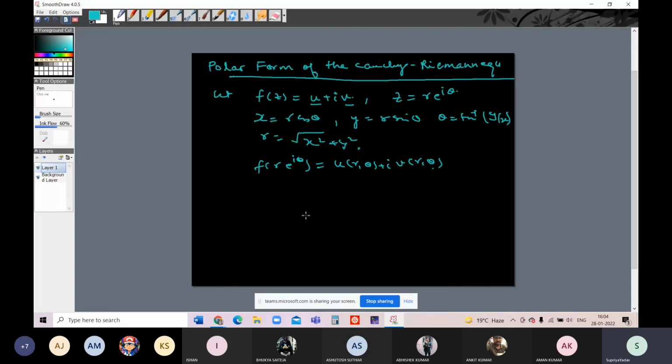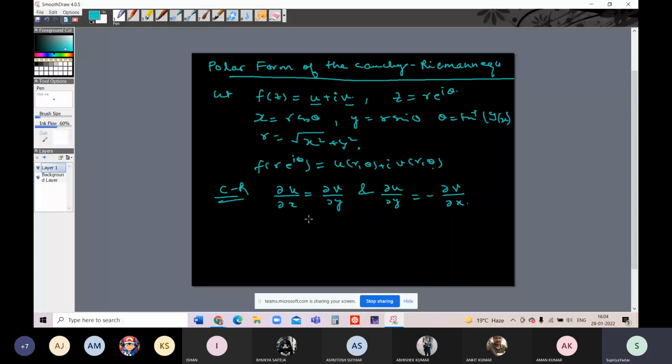So in that case, the polar form of the Cauchy-Riemann equation will be: you know that the CR equation in Cartesian form is ∂u/∂x = ∂v/∂y, and ∂u/∂y = -∂v/∂x.